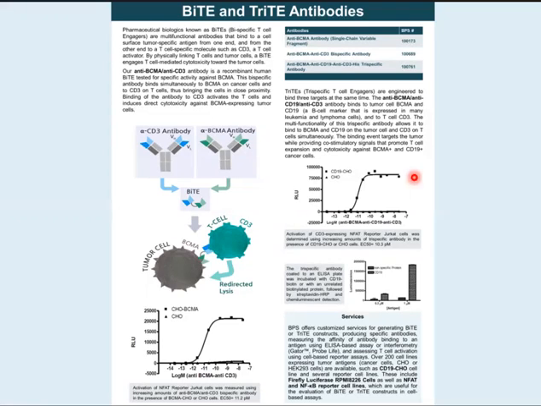Now, in these T cells, the reporter activity correlates with T cell activation. So what we conclude here is that the T cells were activated in the presence of the CD19 CHO cells by the trispecific antibody, while they were not activated in the presence of the control CHO cells.